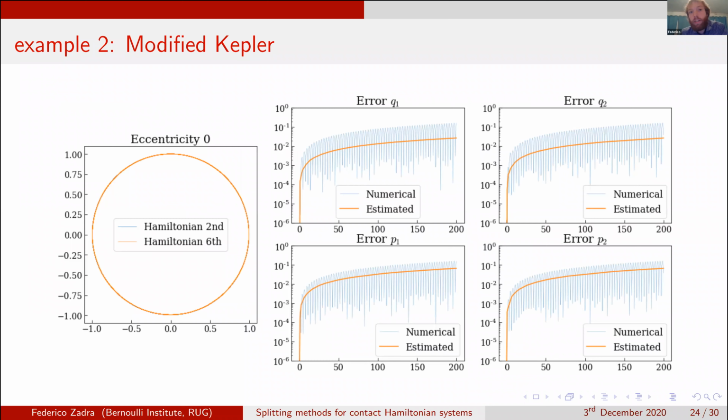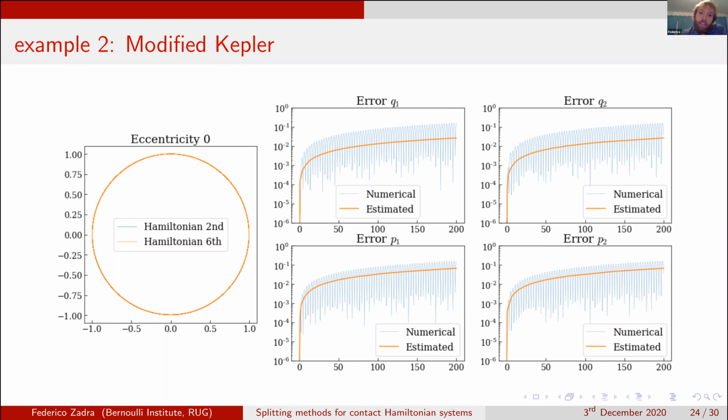We can also study the error of the method, and we see that in this case the approximation is not so good as before, but we have many reasons to explain that. The first thing is that we don't have the exact solution of the modified Kepler problem, so we have used the Hamiltonian at the sixth order in order to have a numerical error.